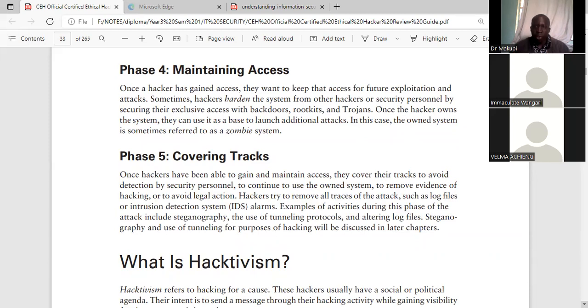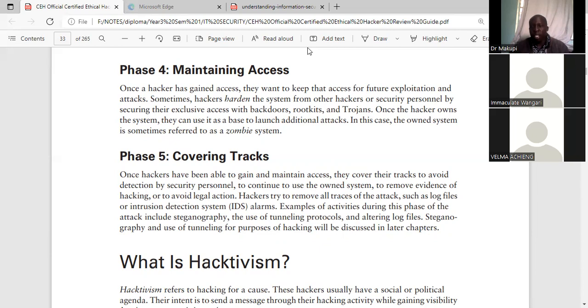That is why I want you to understand clearly that most of these systems, especially for banks, for organizations like Safaricom and many other organizations, there's no system which is free of vulnerabilities or weaknesses or corridors. There are corridors in these systems. There is no system which is ever 100% secure. You see?